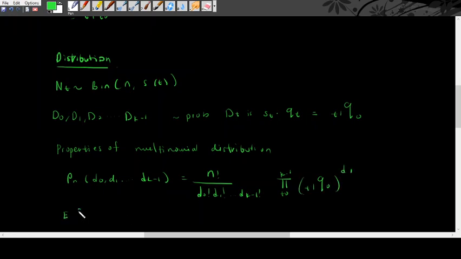So your expected value of dt is equal to n times t given q0.